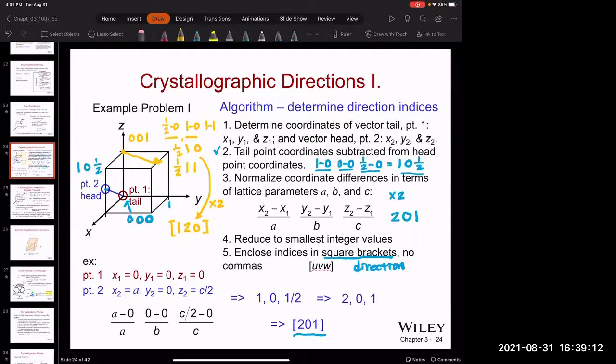Now, there's another idea which is called the family. So what is the family? That means you have the same direction, and the numbers might not be the same, but they actually represent the same direction. But how could that happen? Let me draw another line here to show you.